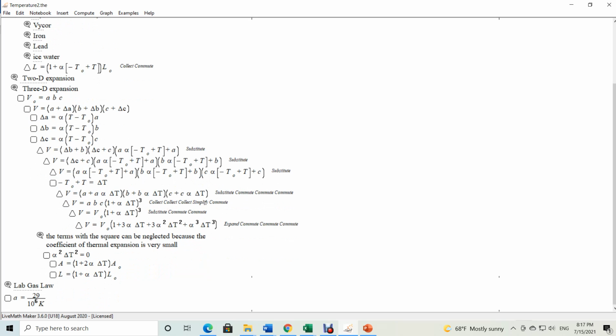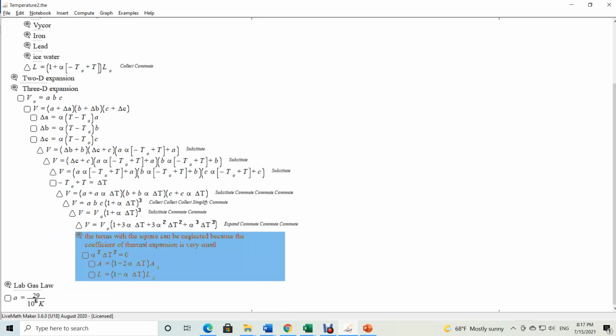And now we apply that approximation that we used before. The terms with the square and cube can be neglected because the coefficient of thermal expansion is very small, on the order of 10 to minus 6.